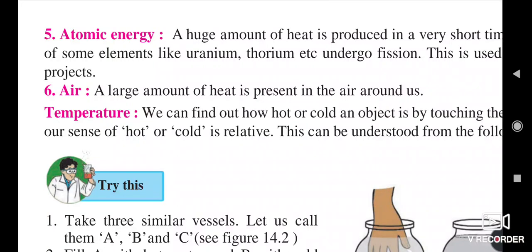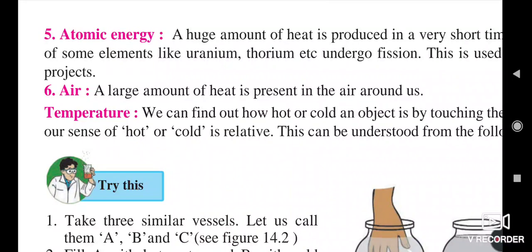As we know, in the Second World War, America dropped two atom bombs on Japan, on the cities of Hiroshima and Nagasaki. After the blast, this process released a large amount of heat at the blasting place, and it destroyed the whole city within some seconds.